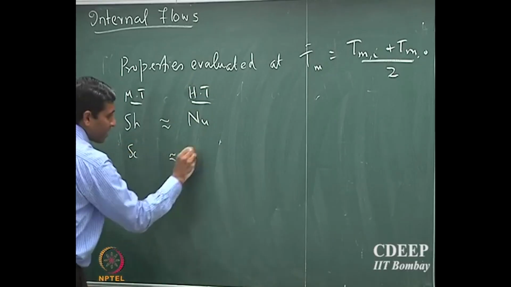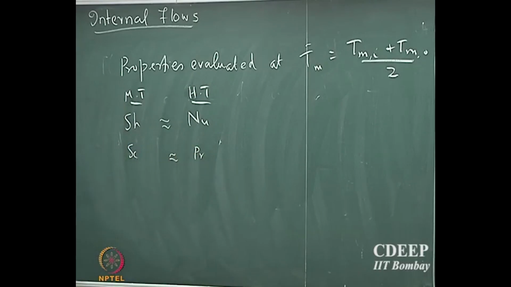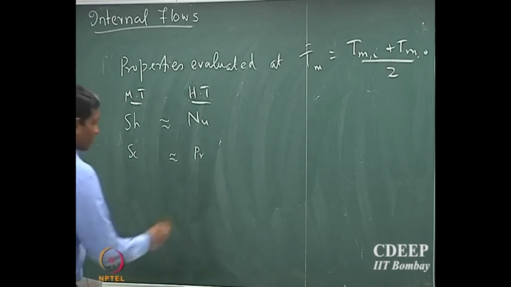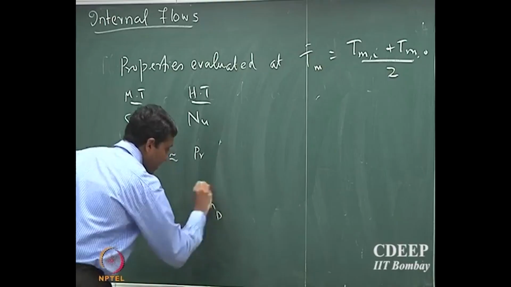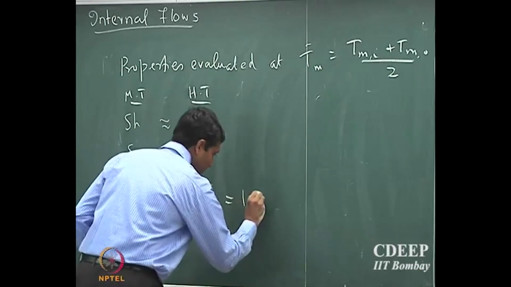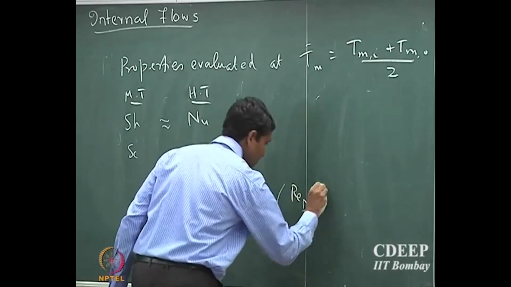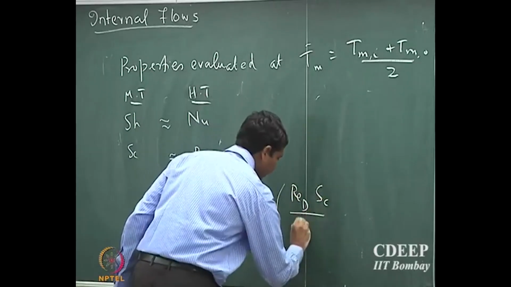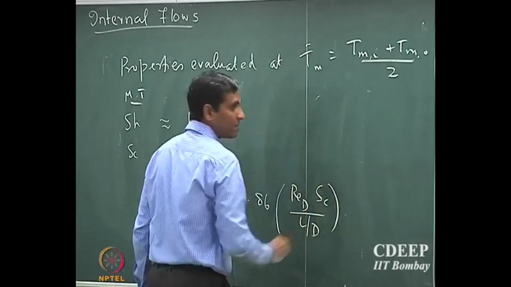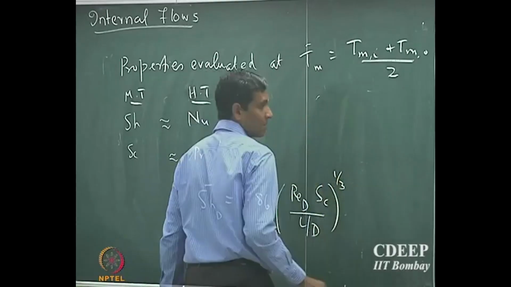Schmidt number and Prandtl number are equivalent, right? So you replace Nusselt number with Sherwood and Prandtl with Schmidt, you will get the corresponding correlation for mass transport. Okay. So just for completeness, we'll write them here. 1.86 Reynolds Schmidt number divided by L by D to the power of 1 by 3.